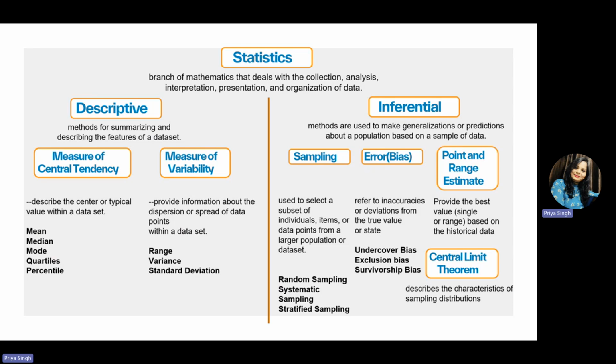A true population is very difficult to take. So we always take a sample of the data, which is a representation of the complete population. So that is where inferential statistics comes into the picture when we need to predict something. Okay, pretty cool, right?